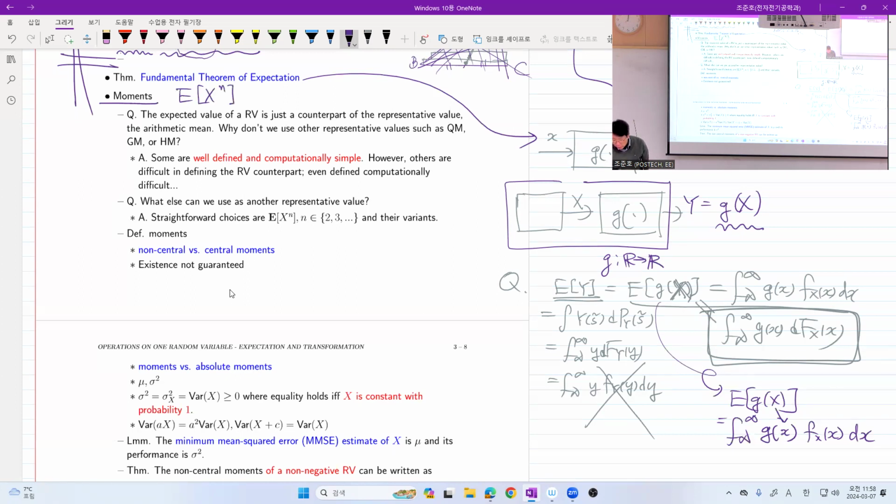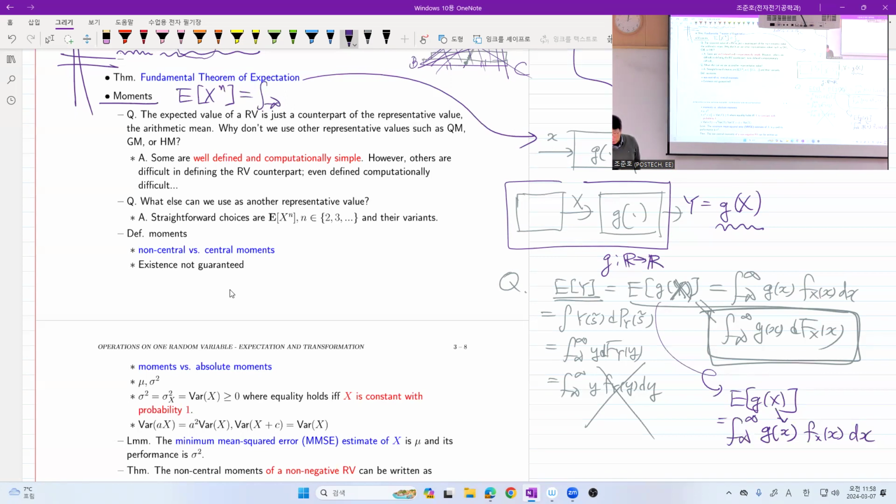Given a random variable, this is the nth non-central moment of the random variable X. And according to our definition, in order to compute this expectation, we have to derive theoretically the distribution of X to the n, the function X raised to the power of n. That probability measure must be derived. However, according to the fundamental theorem, we don't need that.